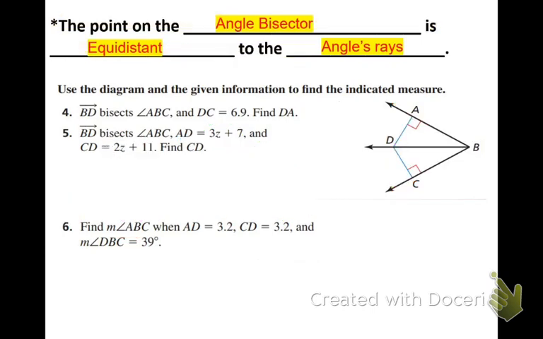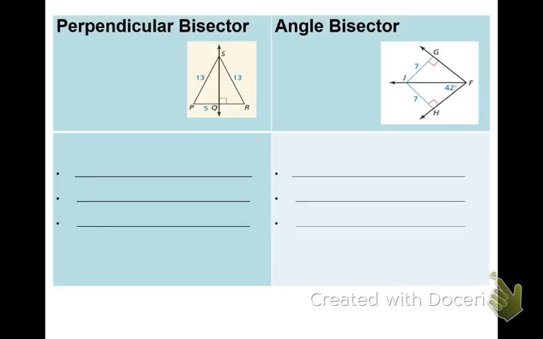Alright, this last section, we're just going to talk about the differences between a perpendicular bisector and an angle bisector. So if you look in these pictures, your perpendicular bisector, I'm going to go ahead and highlight it for you. It is perpendicular at the midpoint.